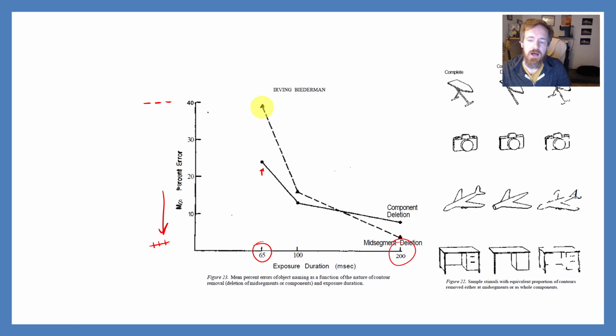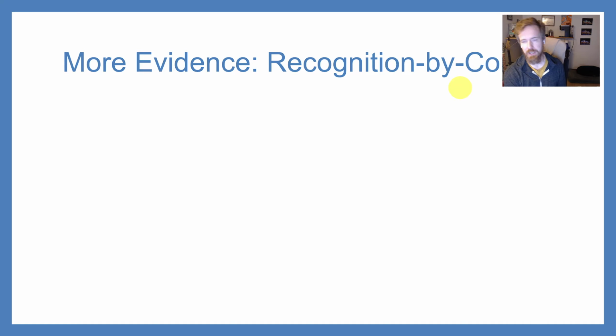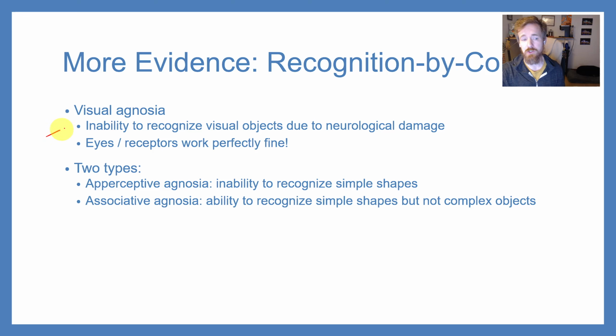So basically, that was his whole explanation for why geons matter, and people have then gone on to research this stuff for decades and only mostly supported Biederman's work. So more evidence for Biederman's recognition by components falls into visual agnosia.